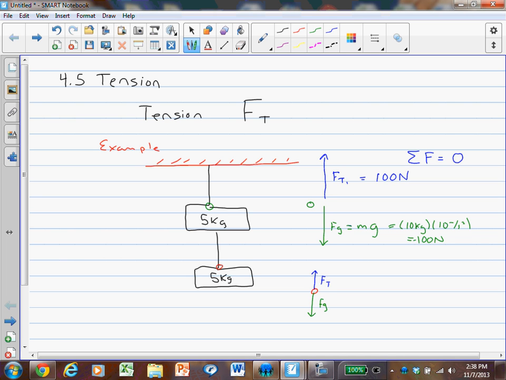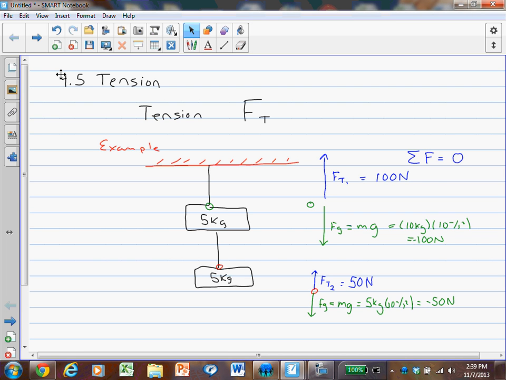And so Fg is equal to mg, but the only thing below it is 5 kilograms at this point. Times 10 meters per second squared, and that's going down, so that's minus 50 newtons. And we can call this Ft2, so that Ft2 must be 50 newtons to balance it. So that's pretty simple. You just look at the weight below it causing the tension in the rope.